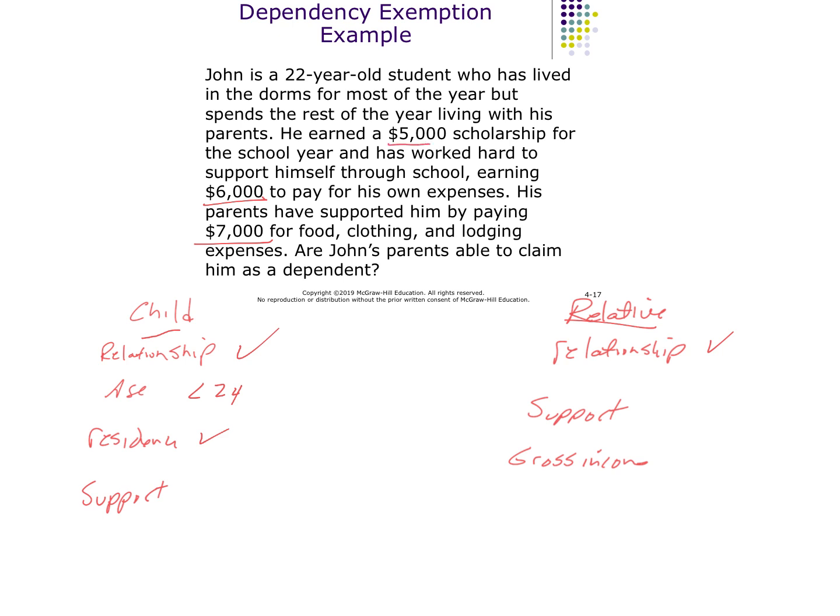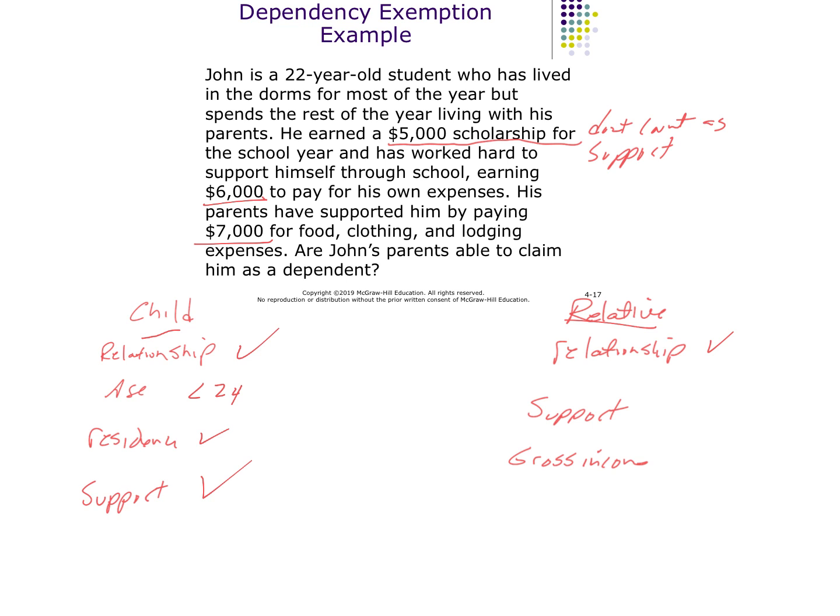Now, he did earn a scholarship, but remember, scholarships don't count as support for the actual child. So if this is their actual child, the scholarship does not count as support. So does he pass the support test? Yes, he does. All right.